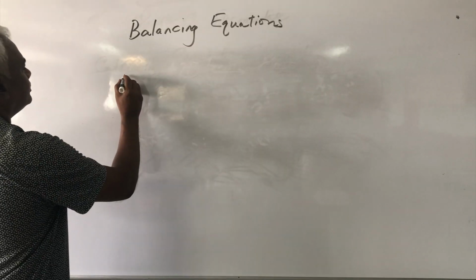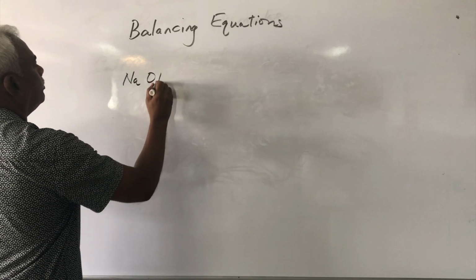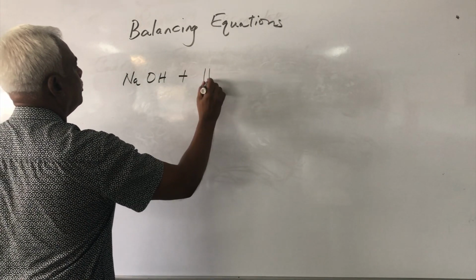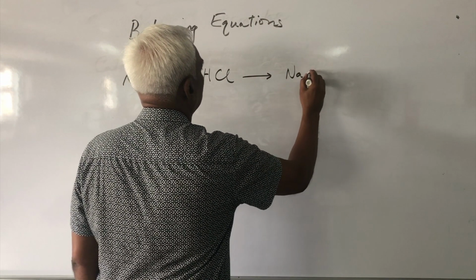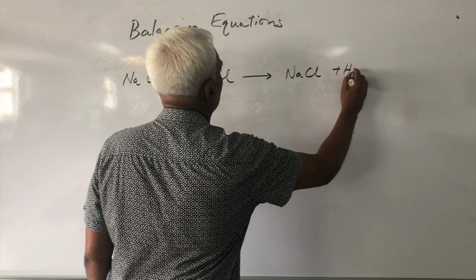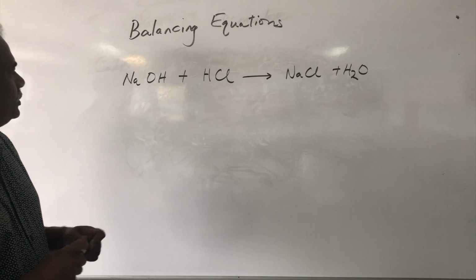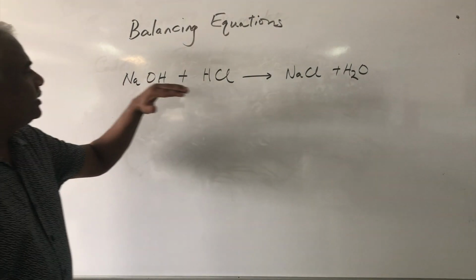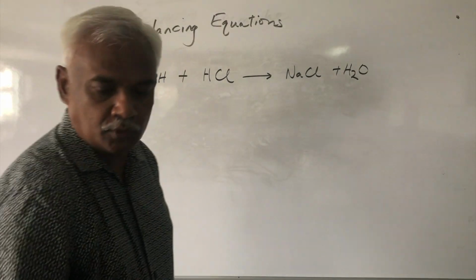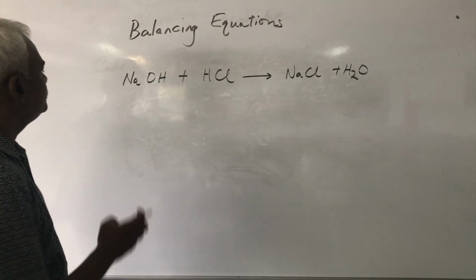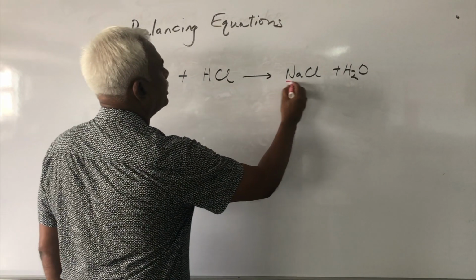Let's look at this. Sodium hydroxide plus hydrochloric acid forms sodium chloride and water. Okay? Let's look. I have 1 sodium, 1 sodium.